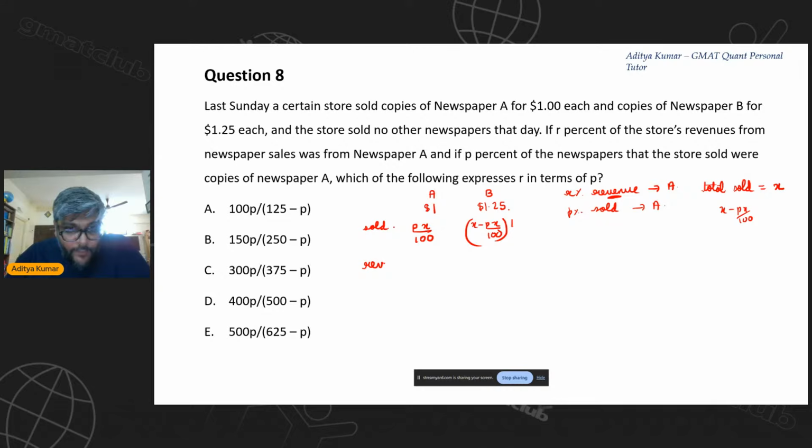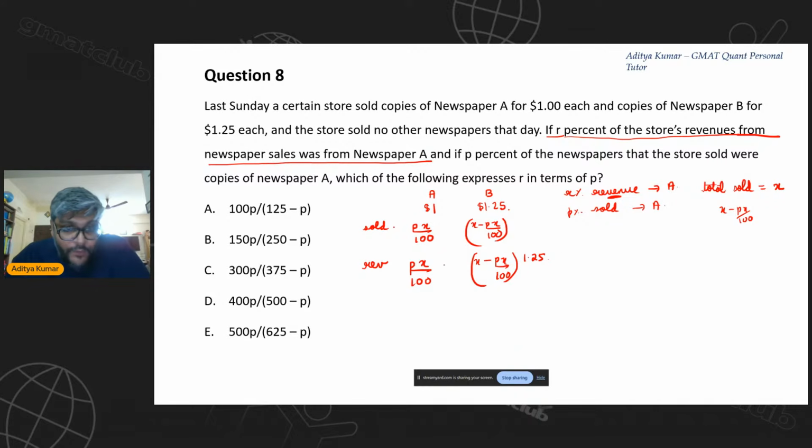Now, what would be my revenue for A? The revenue would be Px by 100 times 1. So I leave it as it is. And the revenue for B will be X minus Px by 100 times 1.25. This would be the revenue from B. And what are they telling me? If R percent of the store's revenues from newspaper sales was from newspaper A. So what was the total revenue?